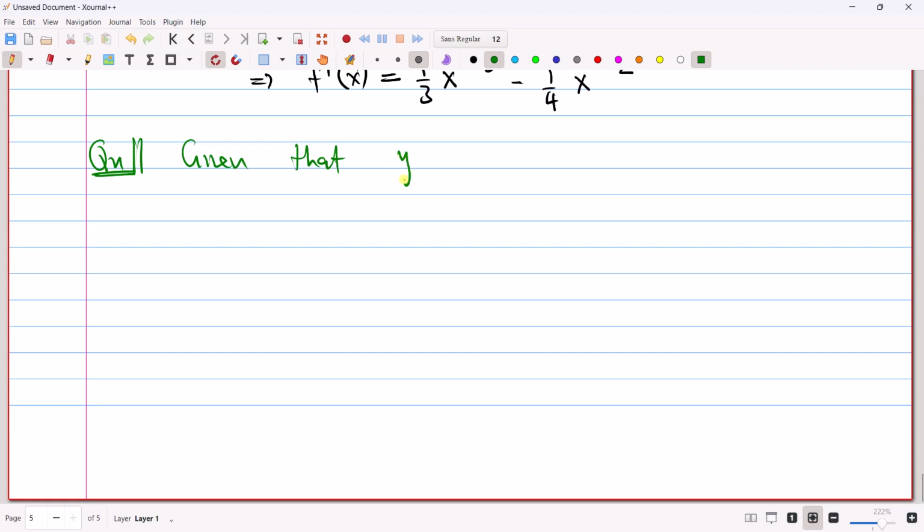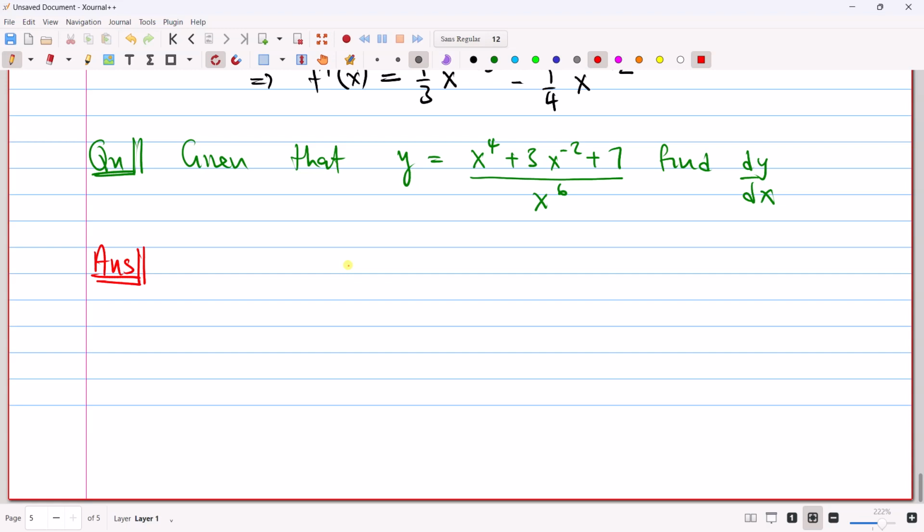So given that y is equals to x to power 4 plus 3x to minus 2 plus 7 over x 6, find dy dx. So you can be given something like that, and then they say find dy dx.